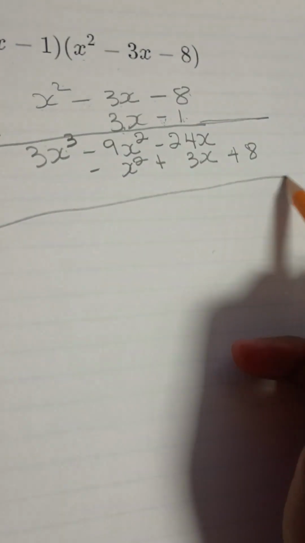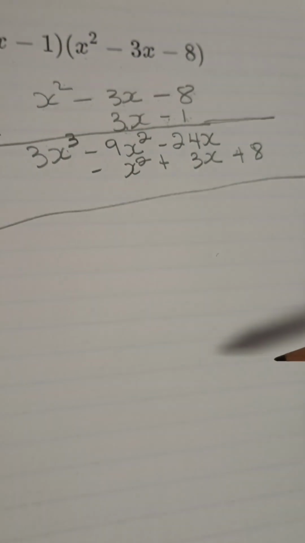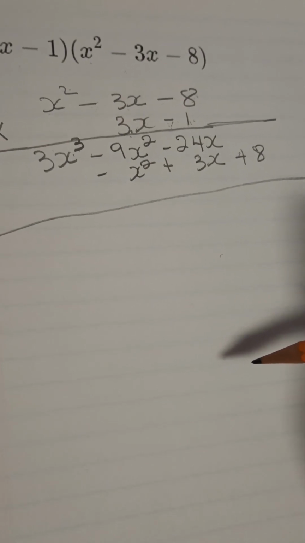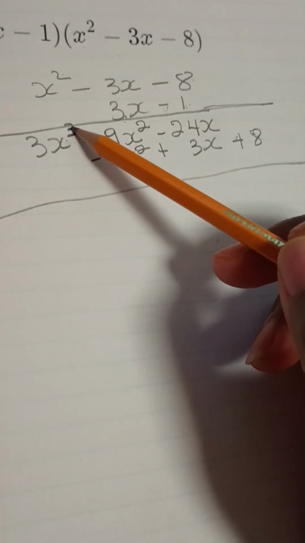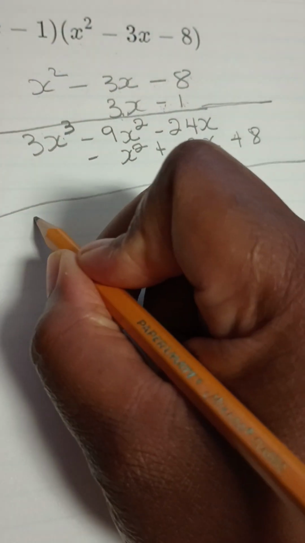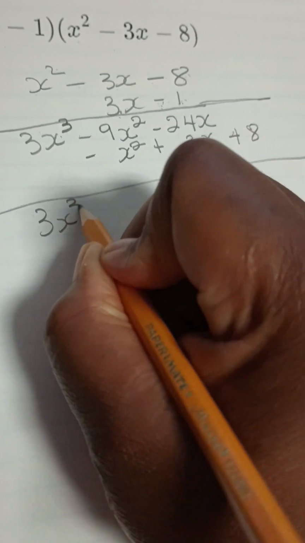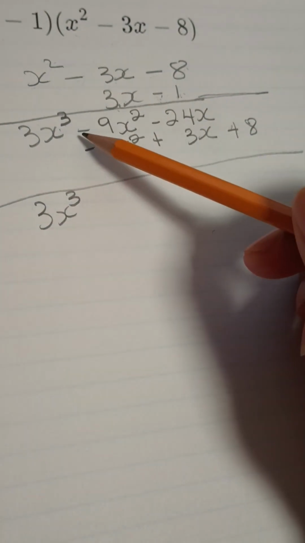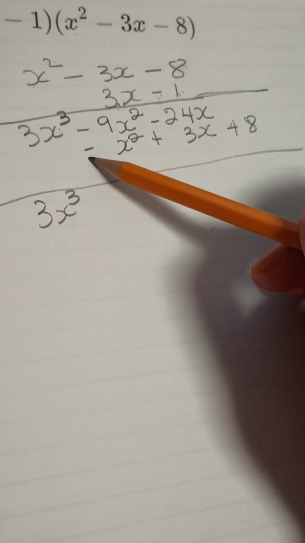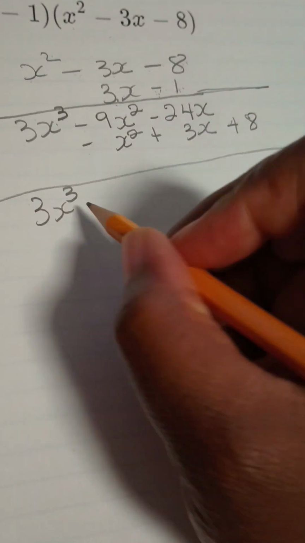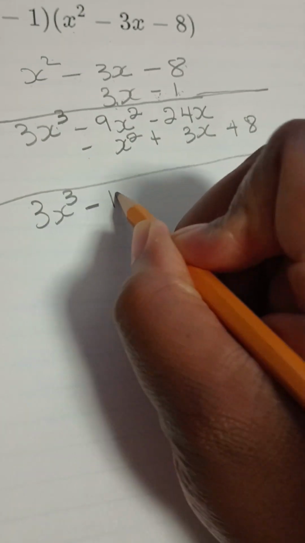So now that I have everything aligned, I could go ahead and add, right? It's similar to combining like terms. So I have 3x cubed added to nothing, which gives me 3x cubed, or to the third power. I have negative 9x squared plus negative x squared, which is going to give me negative 10x squared.